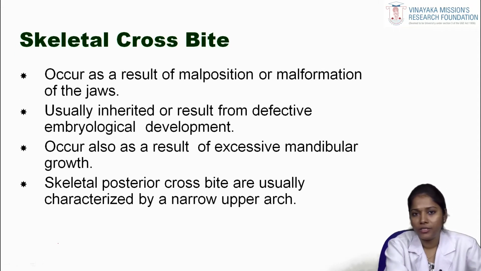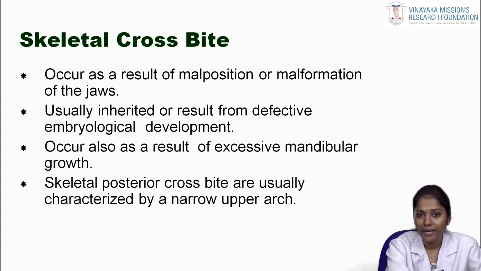Next, based on your skeletal base, is the skeletal cross bite. It occurs as a result of malposition or malformation of your jaws. The typical example of this would be skeletal class 3 malocclusion. What happens in skeletal class 3 malocclusion? Your maxillary jaw, that is its anteroposterior length as well as the width of your maxillary bases, could be deficient in comparison to your mandibular jaw, that is your lower jaw.